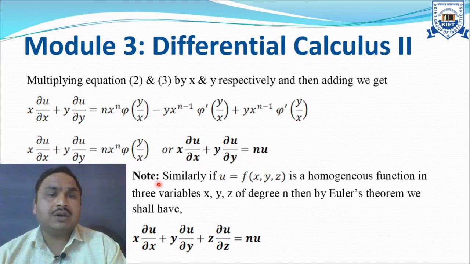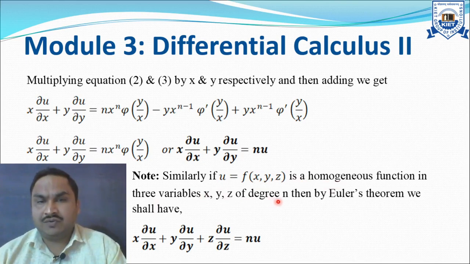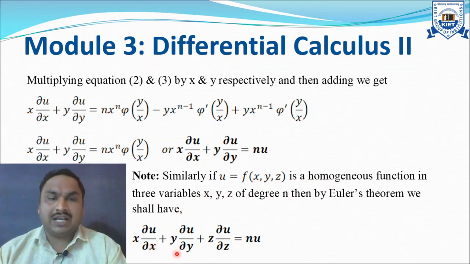Some important note: if u equals f(x,y,z) is a homogeneous function in 3 variables x, y, z of degree n, then by Euler's theorem we shall have x ∂u/∂x plus y ∂u/∂y plus z ∂u/∂z equal to n u. The basic change here is that u is a function in three variables x, y, z.